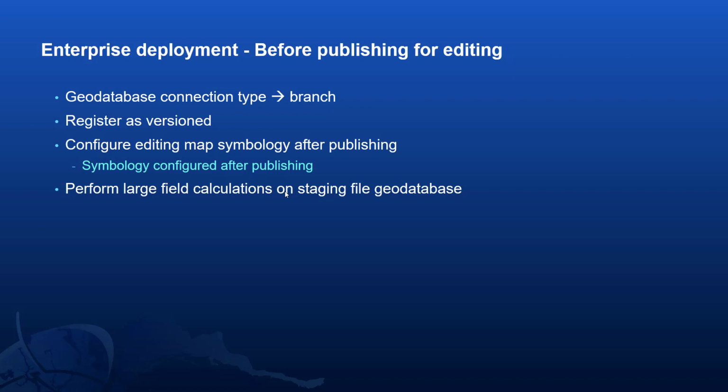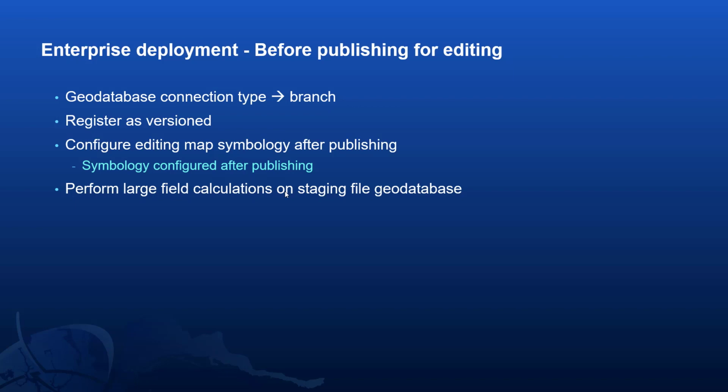And if you need to do any type of data massaging before you get ready to publish the data, we recommend that you use a file geodatabase as a staging environment. In a file geodatabase, you can remove fields, add fields, calculate fields, clean up data, whatever massaging needs to happen before you deploy this data for your entire organization.